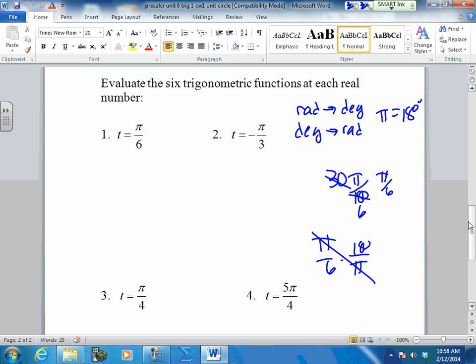So you can cancel those out, and then just do a regular divide. So when you're going from one measurement to another, you just have to remember that 180 degrees is pi. 360 is 2 pi, right? Make sense?